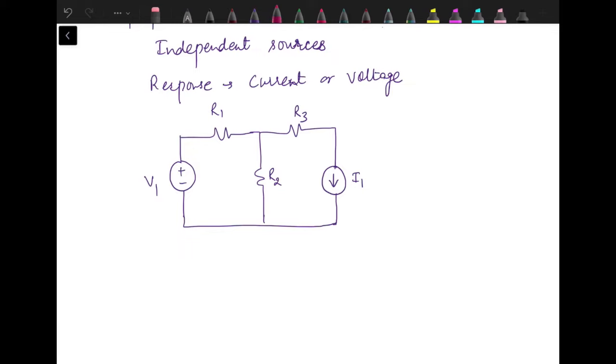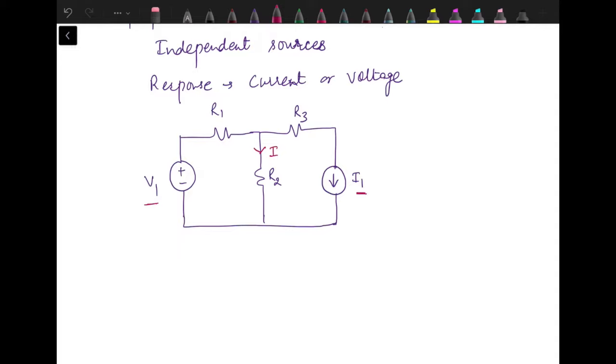Let's say the problem is to find out the current through resistance R2 using superposition theorem. Now, according to superposition theorem, we can find out the current through this R2 once when the voltage source V1 is acting, then when I1 source is acting, then take the algebraic sum of two currents and find out the resultant.